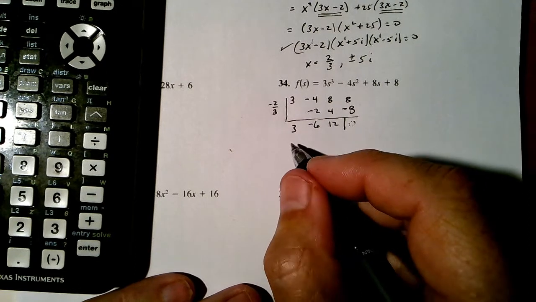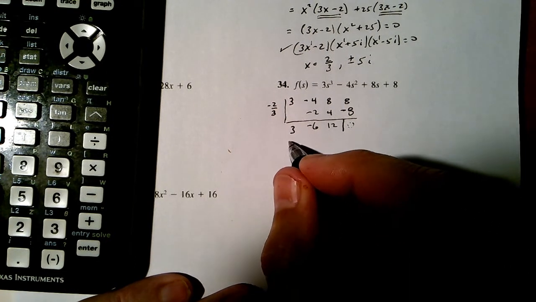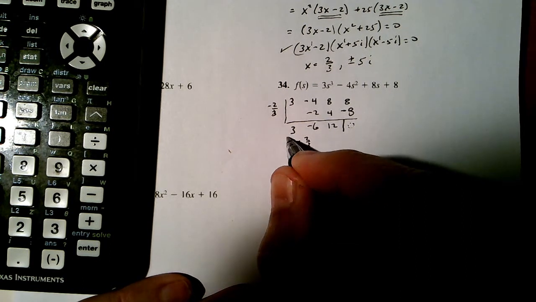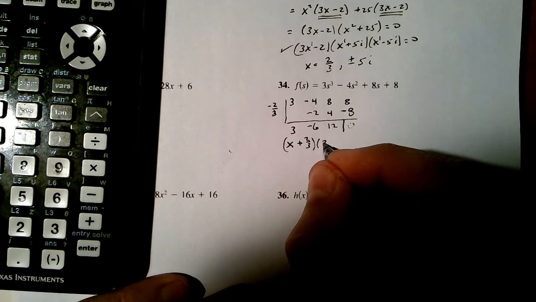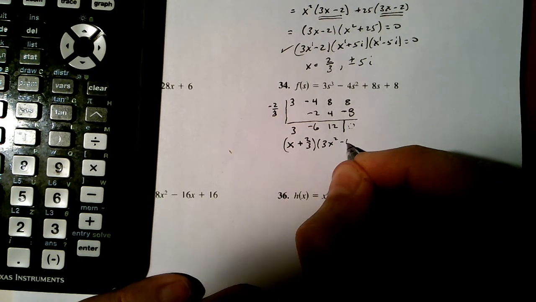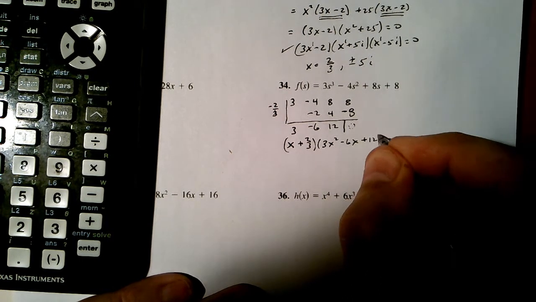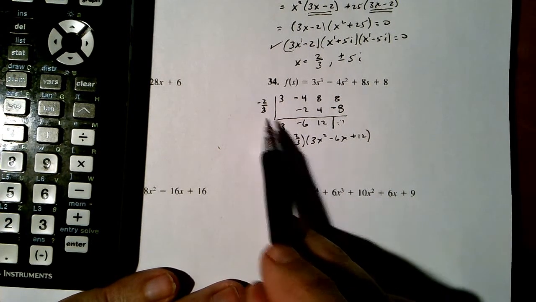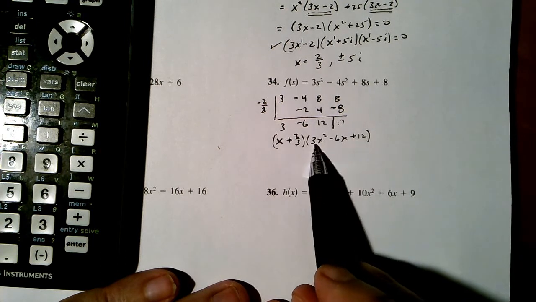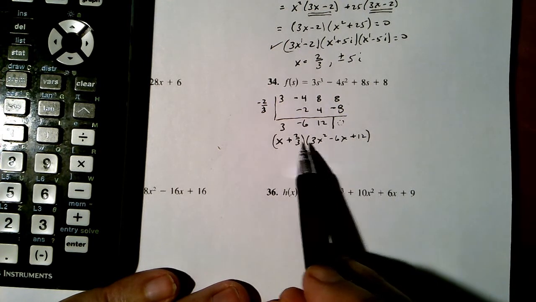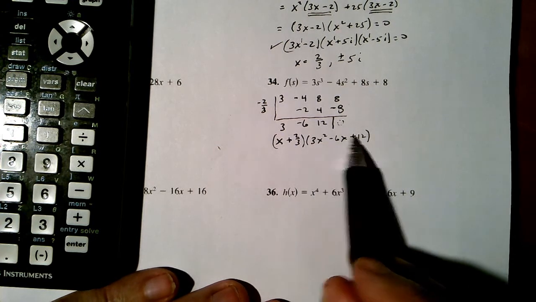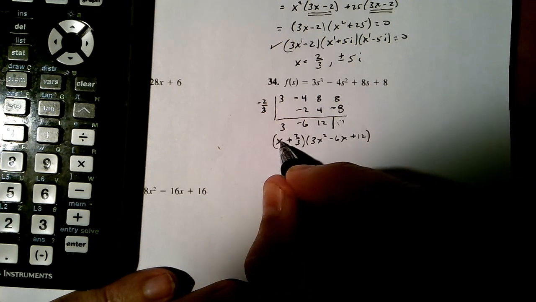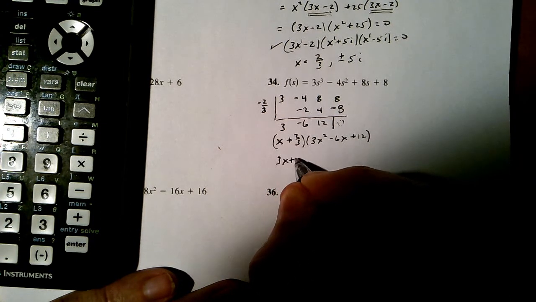Right now we can factor this into x minus negative 2/3, or x plus 2/3, times 3x squared minus 6x plus 12. Now notice this, if you've got a fraction here, this happens a lot. You can factor a 3 out of here and take the 3 out of the other factor, put it in front, then distribute it just into this factor. So if I take a 3 out and distribute it here, I get 3x plus 2. Oh, that's nice.